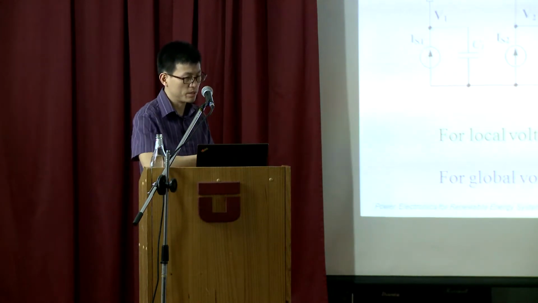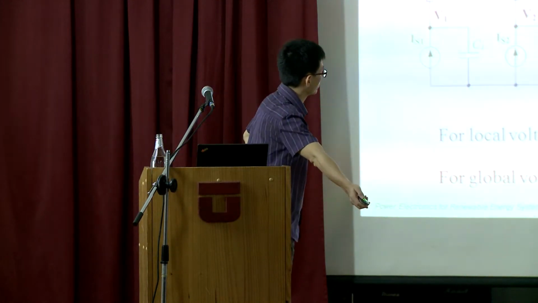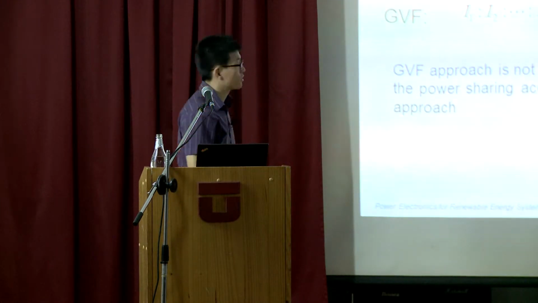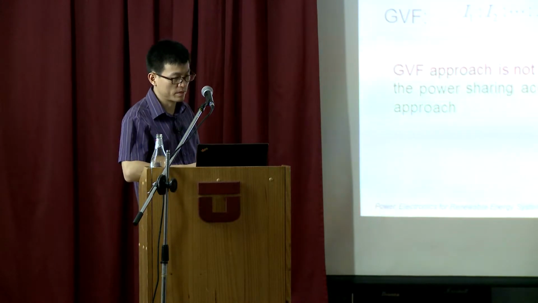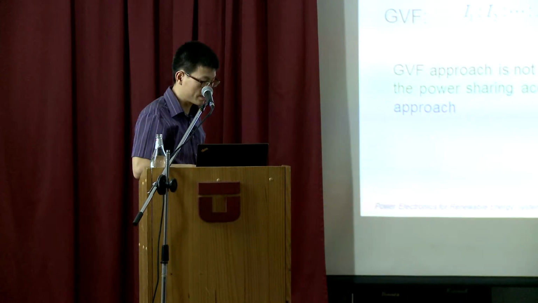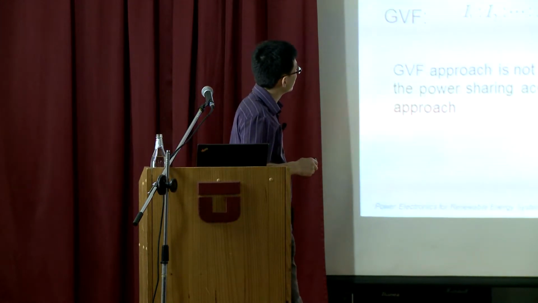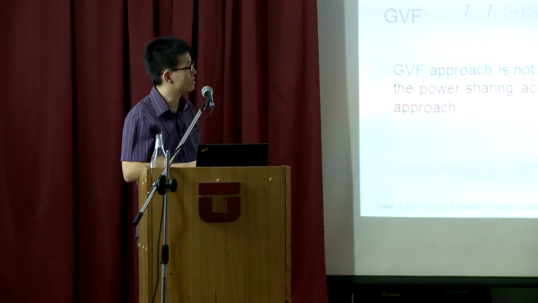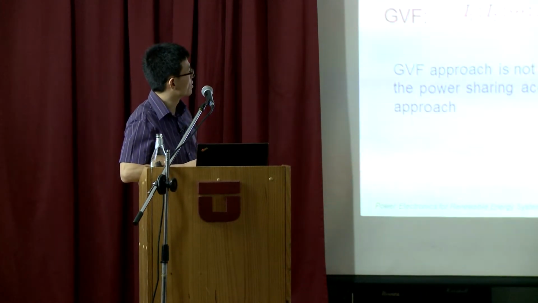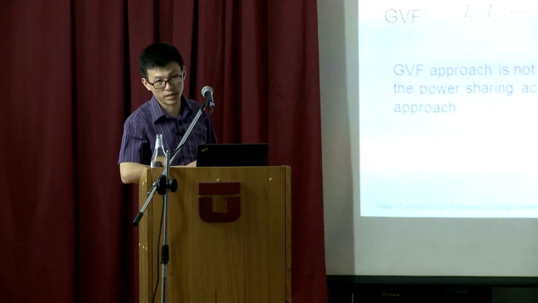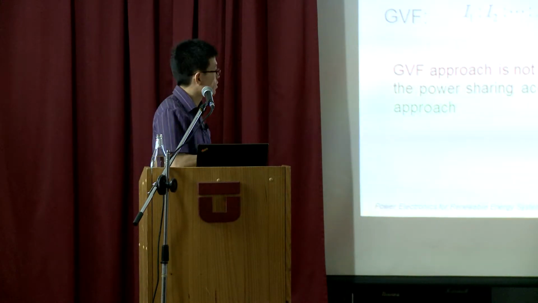For local voltage feedback, we find, again the same as we discussed yesterday, that with the cable impedance or resistance you always have this in your power sharing equations, which means the line resistance will have an impact on your current sharing.